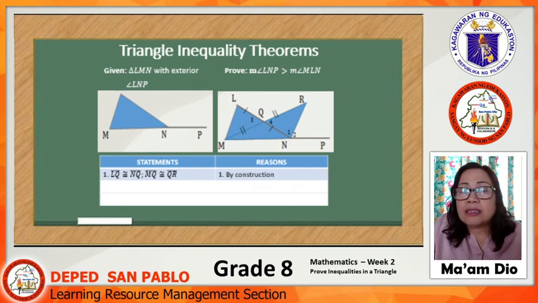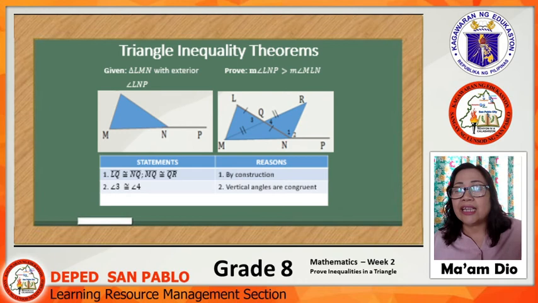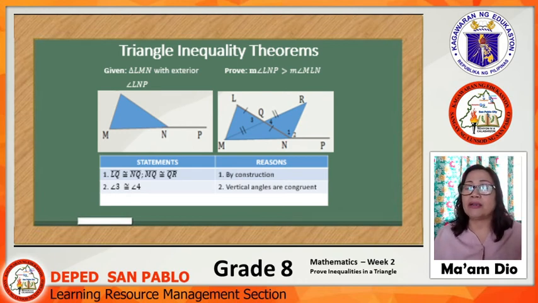Next, statement number 2. Notice that we have two intersecting segments here, segment LN and segment MR. Remember, if we have two intersecting segments or lines, we can come up with vertical angles. This time, the angles we're talking about are vertical angles 3 and 4, and of course they are congruent because they are vertical angles.